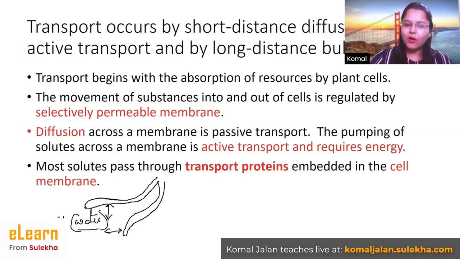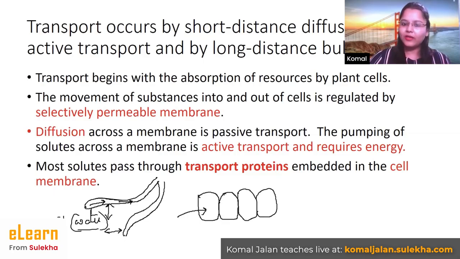Also, this water has to be transported to the different cells of the root. If we even magnify the root cells, it will look somewhat like this. Water will be absorbed and it will be transported further. Where will it be transported? It will be transported to the vascular system, which is xylem.